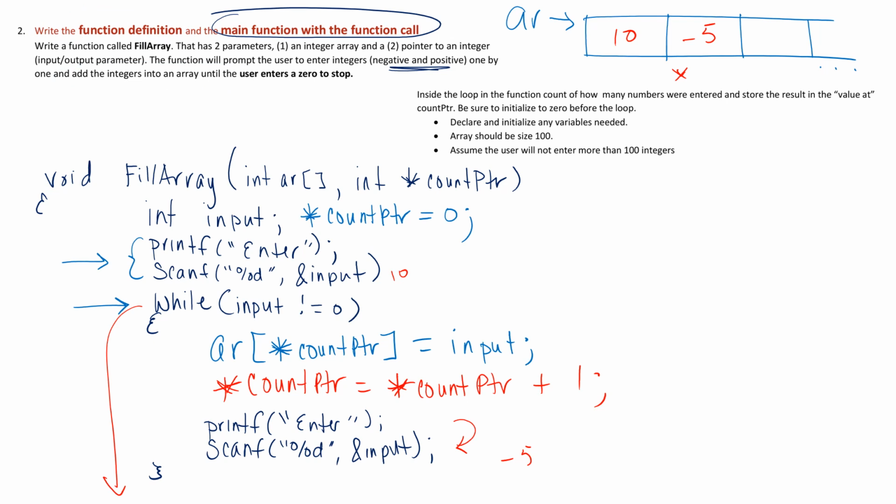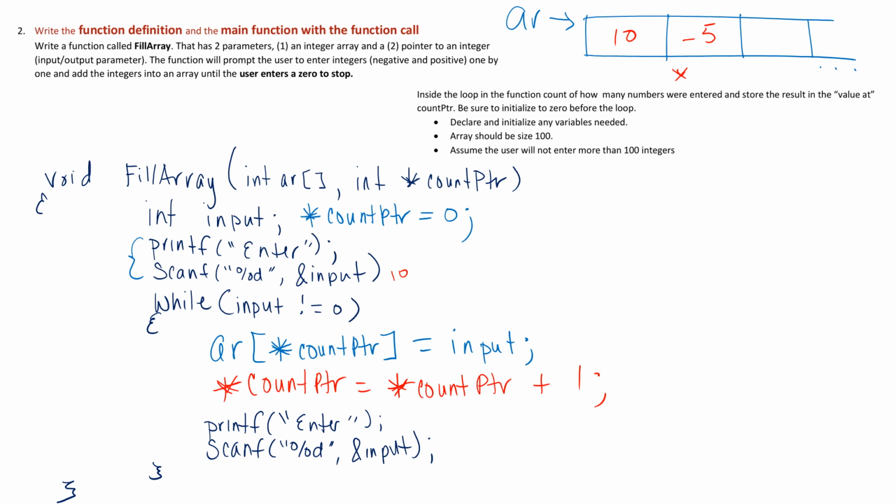We read again. Write your function definition, so we don't have our ending curly brace for our function. It's called fill array. It takes 2 parameters, an integer array and a pointer to an integer. The function will prompt the user to enter integers, negative and positive, one by one, and add the integers into the array. So they're going to go into the array right here.